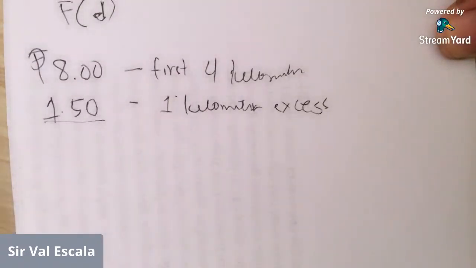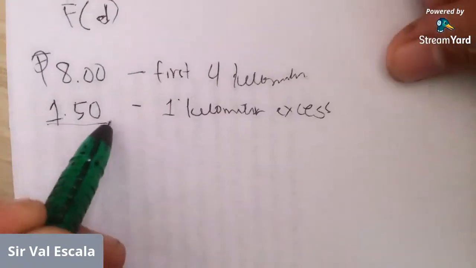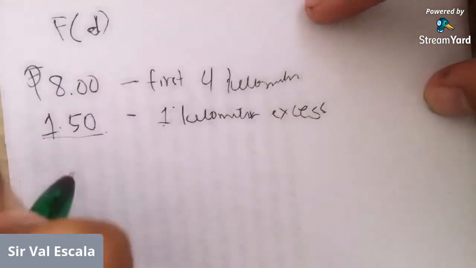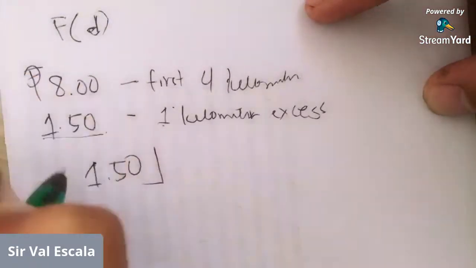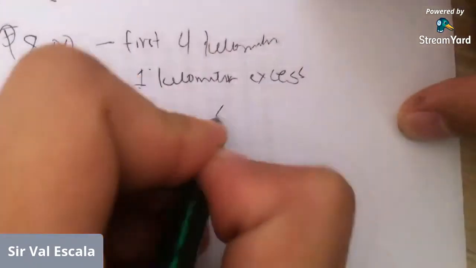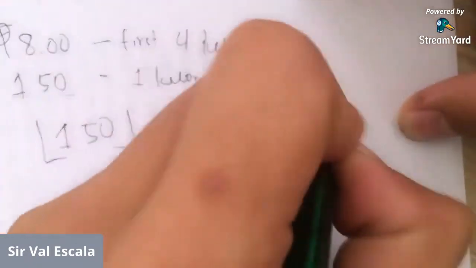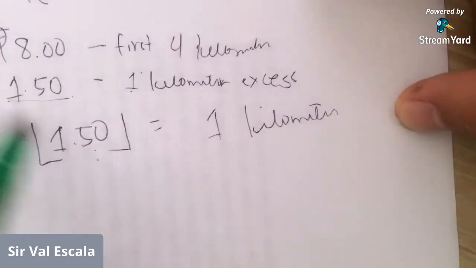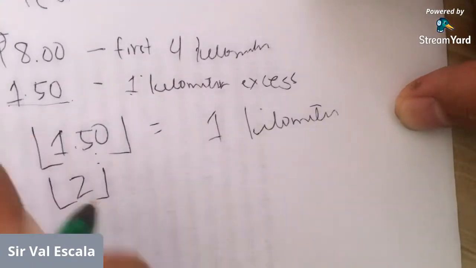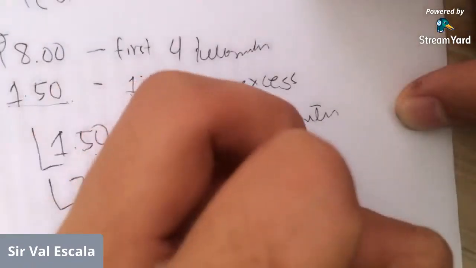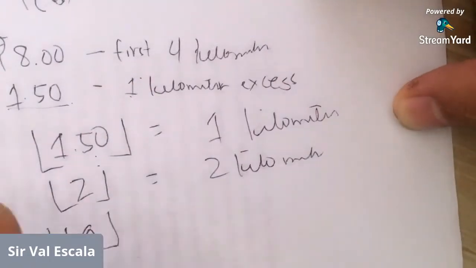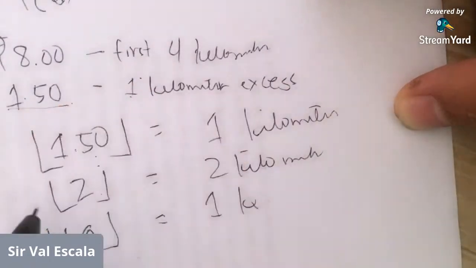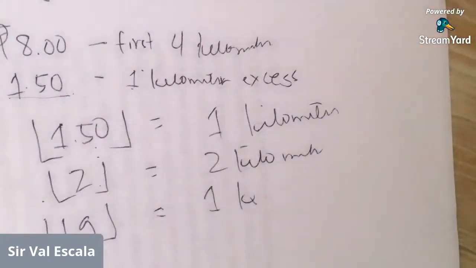So, kahit yun ay 1.90, count as 1 pa rin yun. Kasi kapag nag-apply tayo ng floor function, magiging 1 kilometer pa rin siya, kasi hindi pa siya umaabot ng 2. Kung naging 2 na siya, 2 kilometers na siya. Kahit yan ay maging 1.9, count as 1 kilometer siya pag ginamitan natin ng floor function. So, gagamit tayo ng floor function dyan sa ating pagsisingil sa fare.